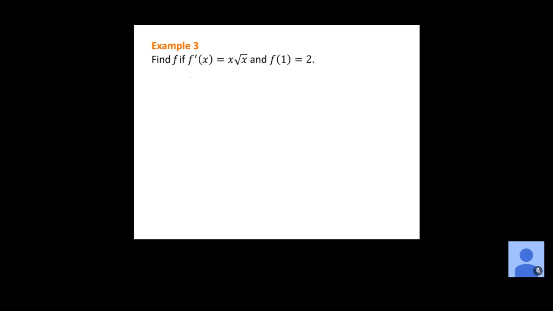All right, so let's go ahead and change this then to x to the 1/2 power. So we got f prime of x equals x times x to the 1/2. Good. And what can we do now?